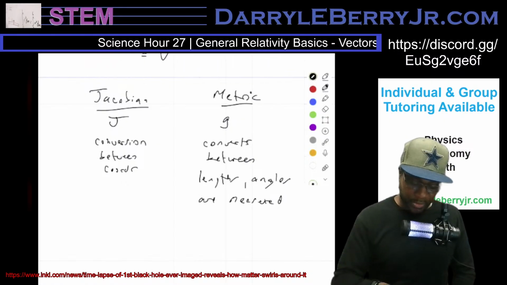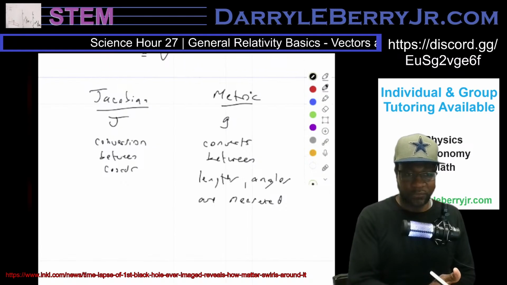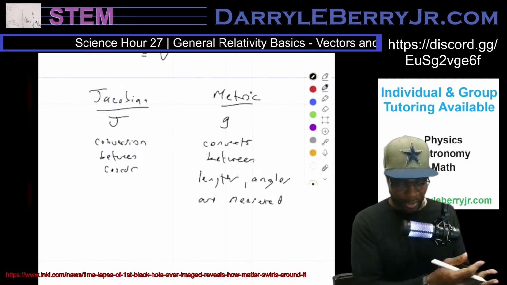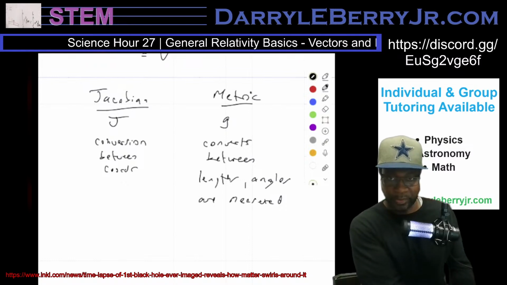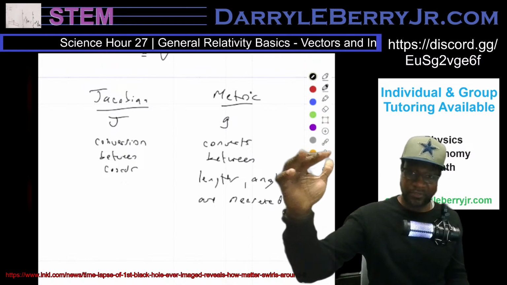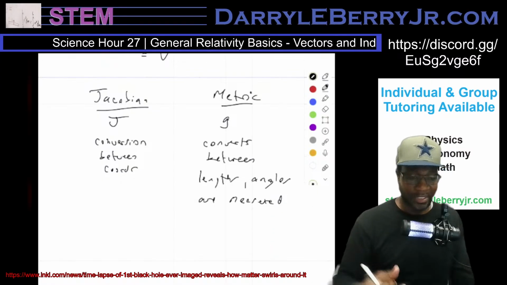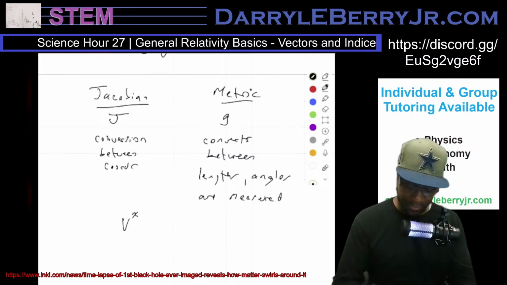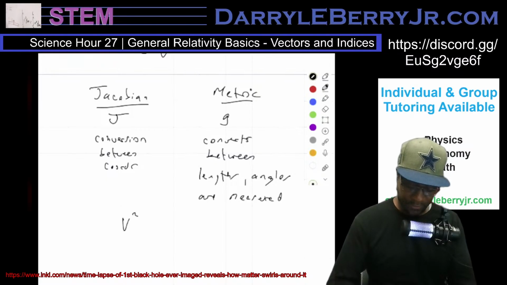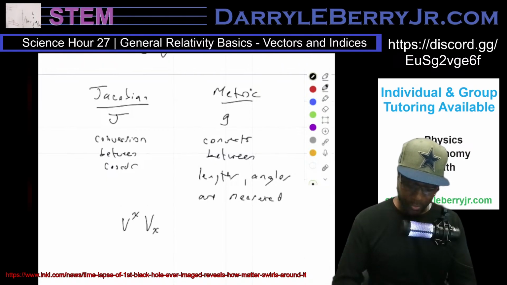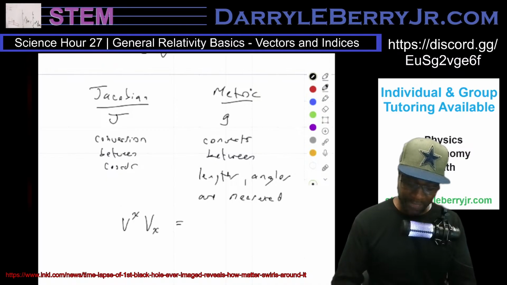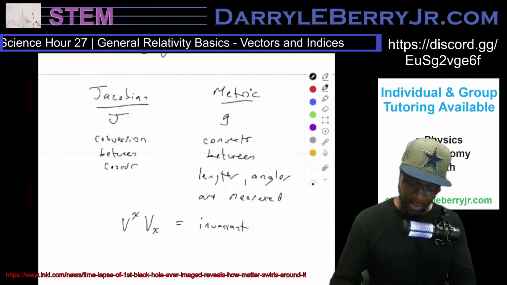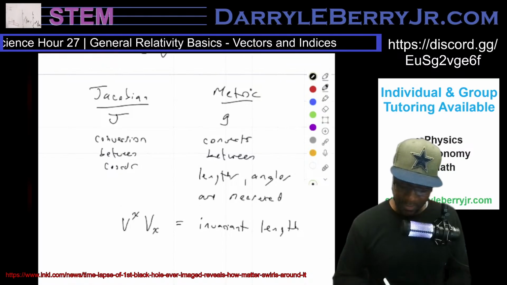So we can use the Jacobian to convert between the coordinates of one frame and the other. And we could use the metric to convert between whether we're looking at the vector in the form of a coordinate, and the vector in the form of the physical distance in space. And the neat thing is, if we take the vector in the coordinate sense and the vector in the physical distance in space, it actually gives us the invariant length of the vector.